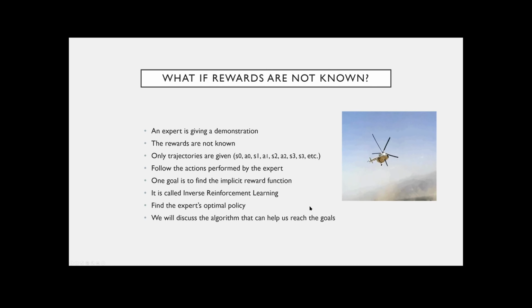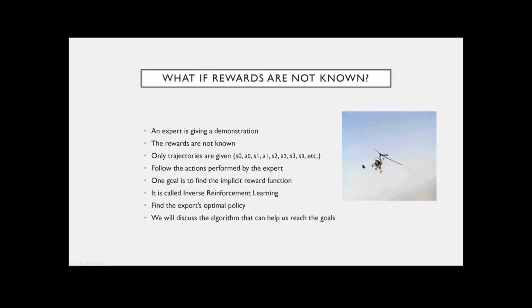But what if you do not know the rewards? What if they are unknown to you? What if you have an expert that is giving you a demonstration showing you how to do things, but you do not have the information of how the expert is trying to maximize his or her rewards?